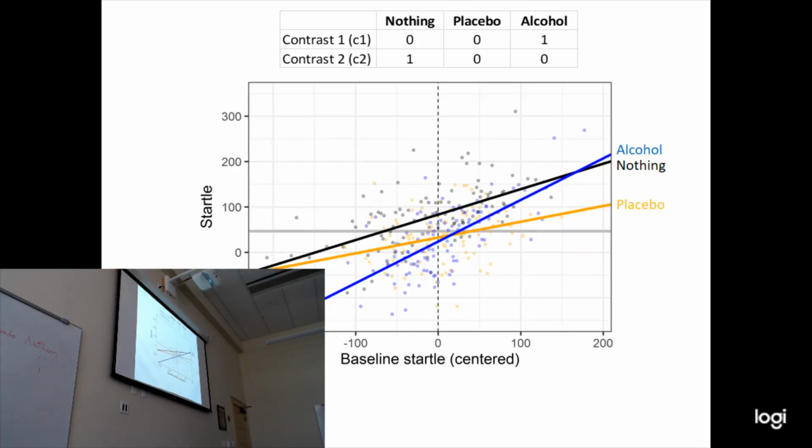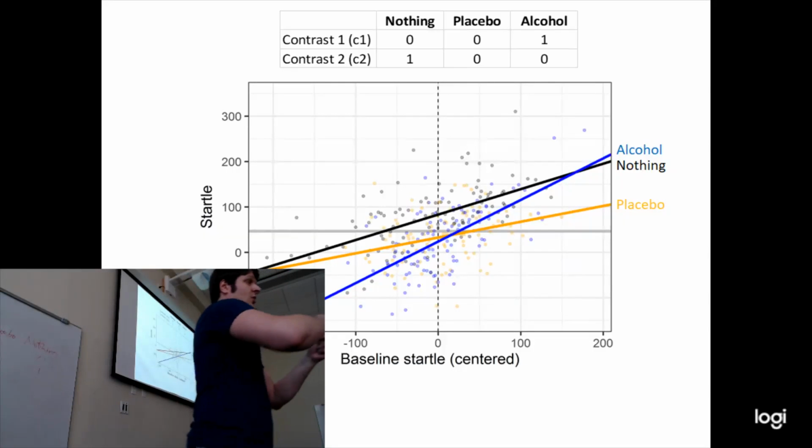So both planar orthogonal contrasts and dummy codes allow you to construct this graph. They both provide the same predictions for your data. They are just different ways of representing those predictions, different ways of constructing those predictions.